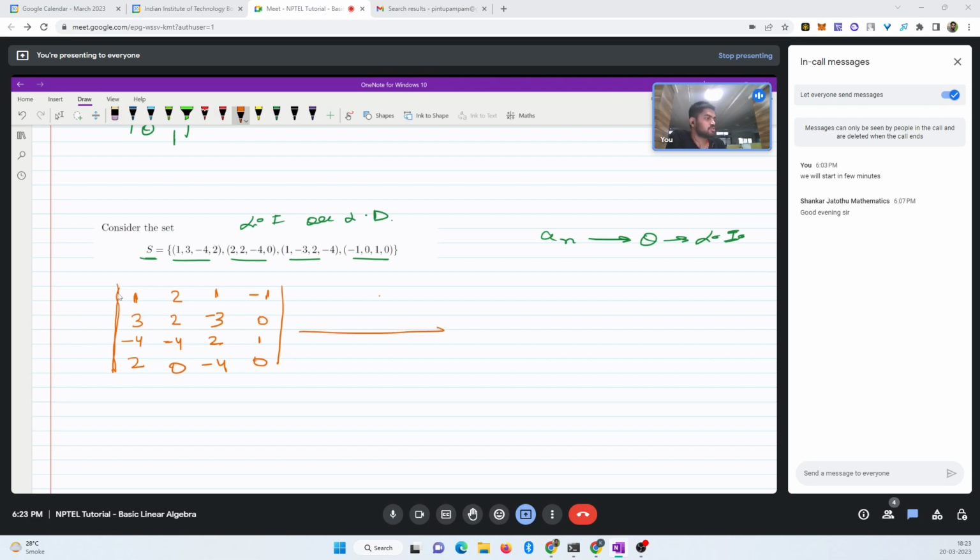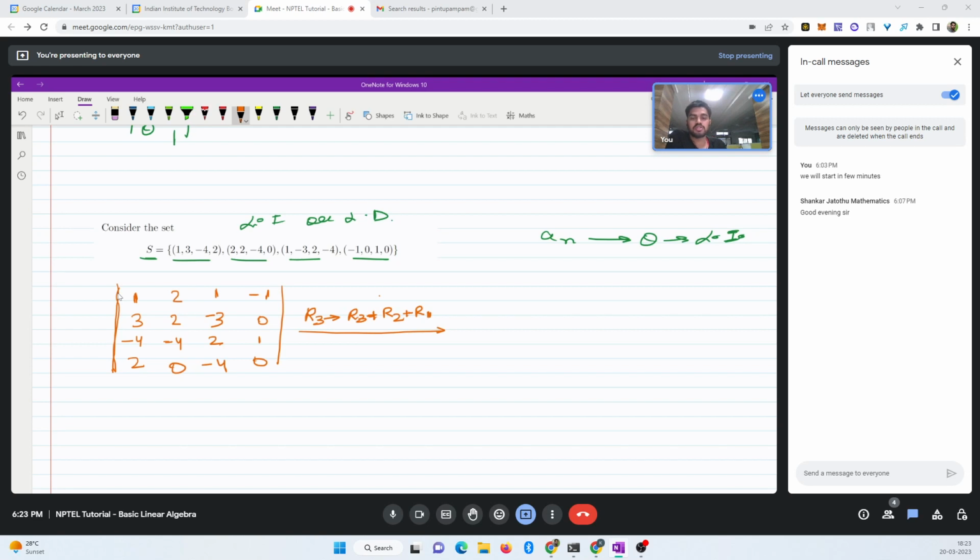So you can try this row operation, that your R3 goes to R3 minus R2, sorry, make it plus R2 plus R1.